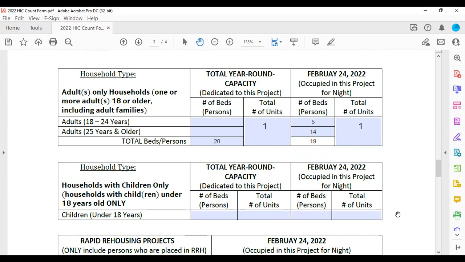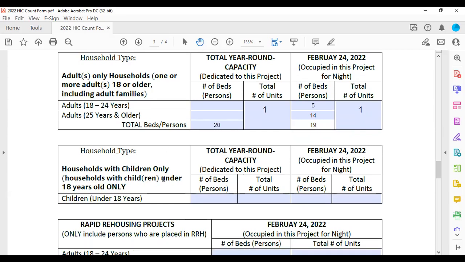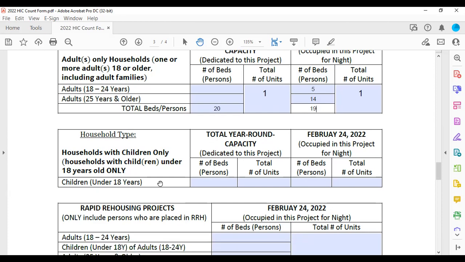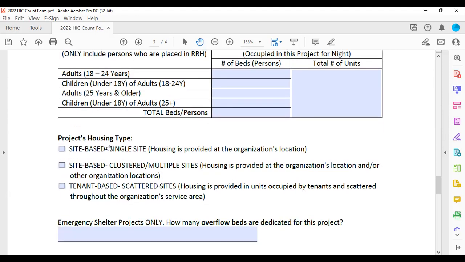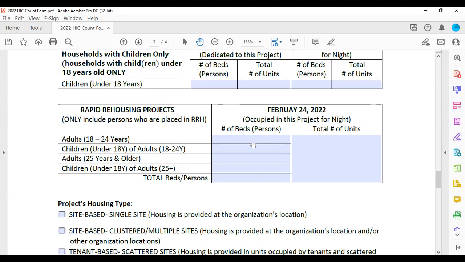Okay. And so at your facility you do not have any space for only children, under the age of 18? No, only families. Okay. Now, the next thing, let me go back.